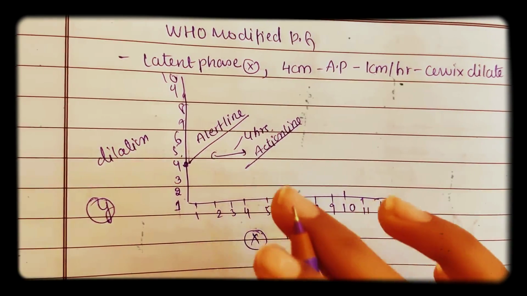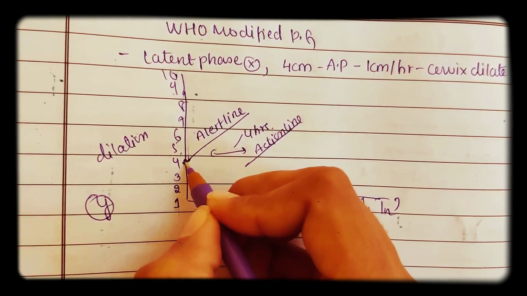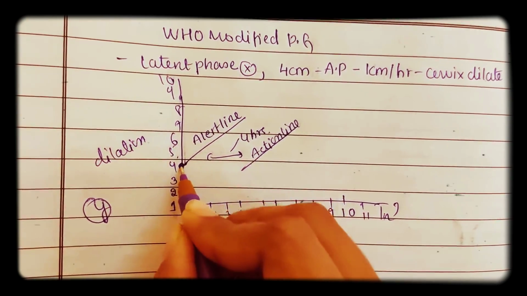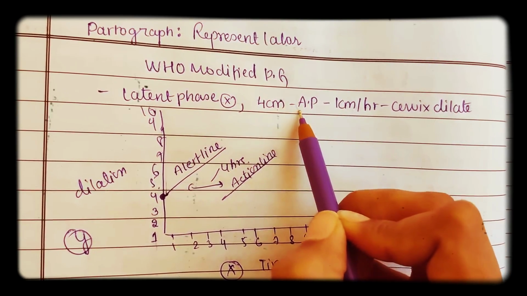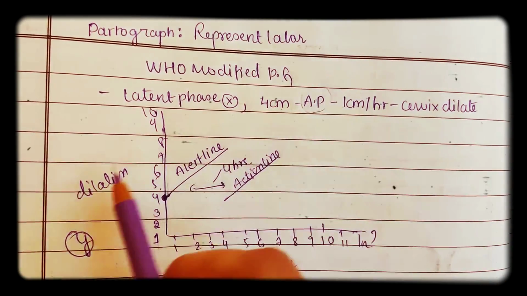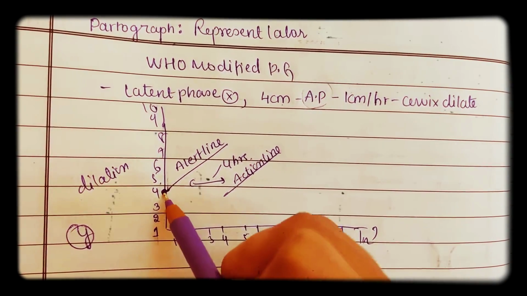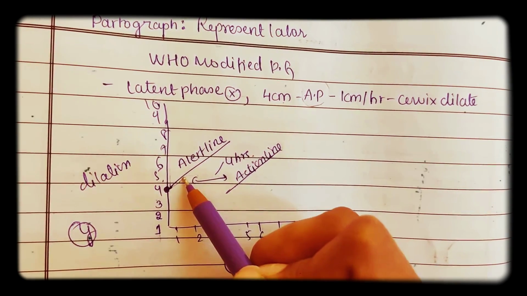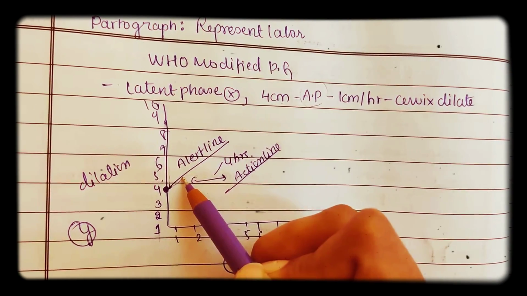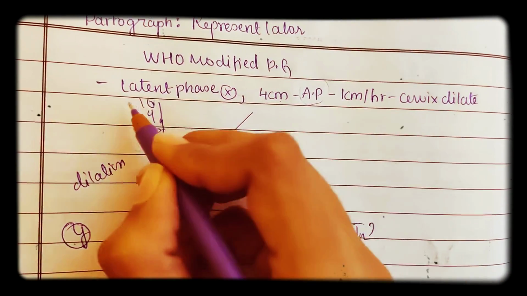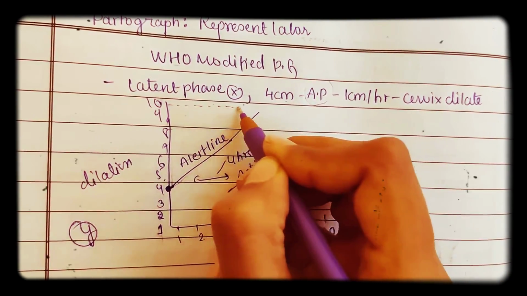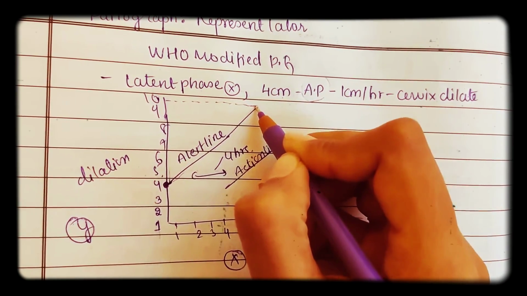One thing you need to remember is that the alert line will always begin from 4 centimeters, because we already discussed that 4 centimeters is the active phase. The active phase begins by dilation of cervix from 4 centimeters. So from here we will draw the alert line up to 10 centimeters.